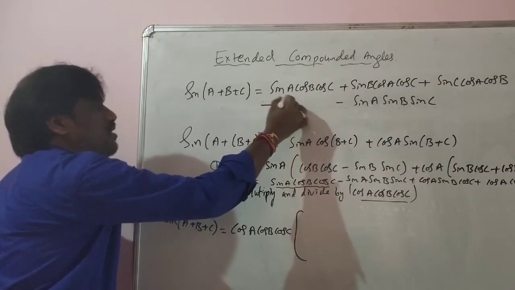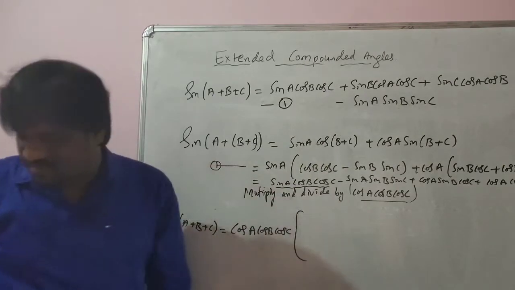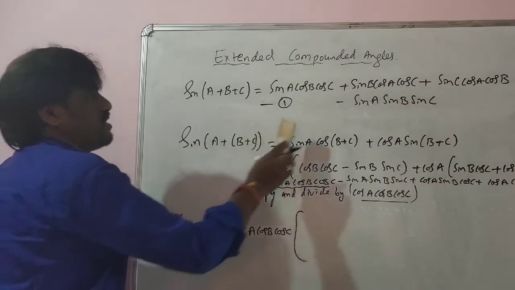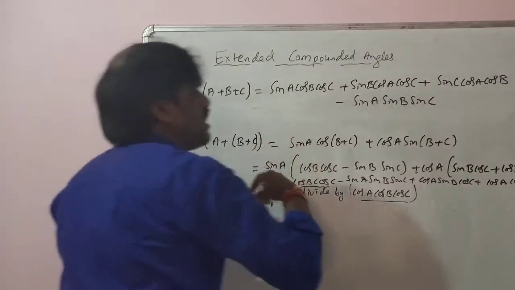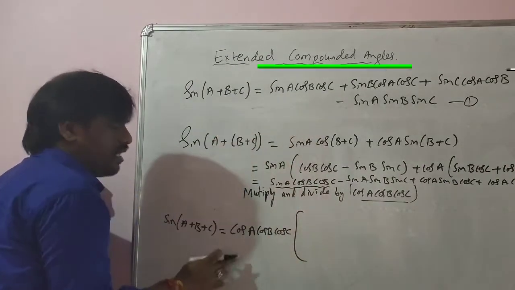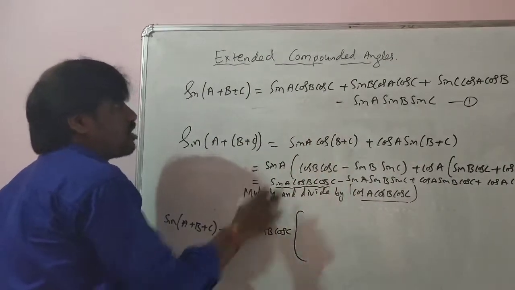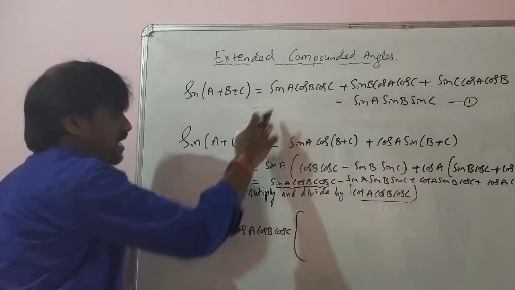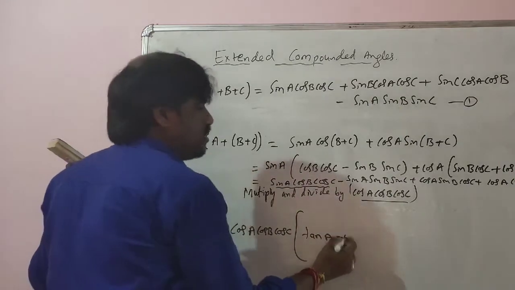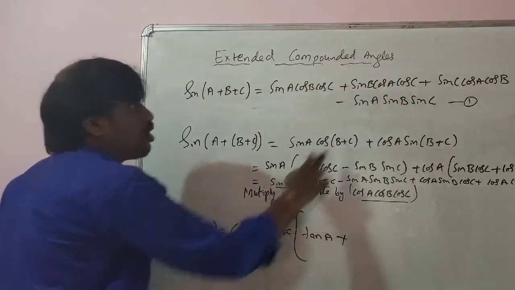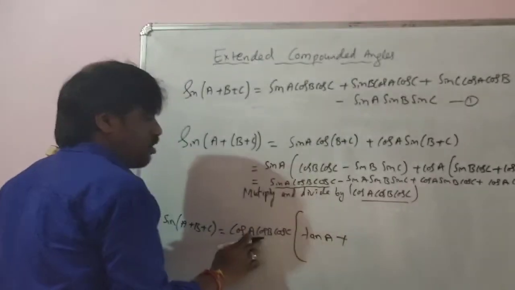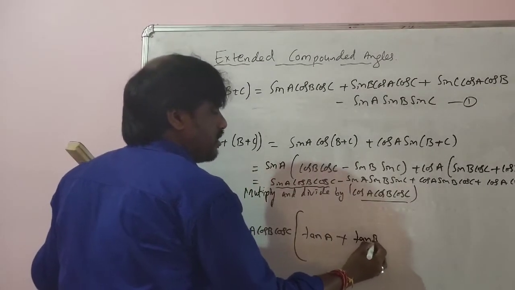Take the formula as the first equation, and divide it by cos a cos b cos c. Now you multiplied and are dividing here. So cos b cos c will cancel, and you get sin a by cos a, that is tan a. Plus, dividing the next term, cos a and cos c cancel, and sin b by cos b is tan b.